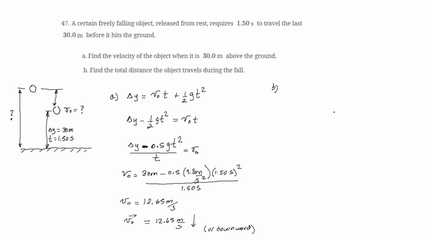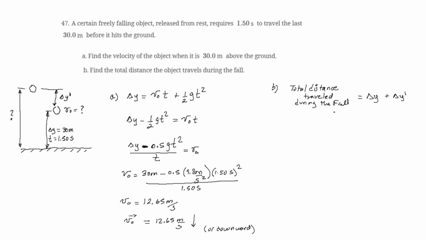Because if I find delta y prime, I can say that the total distance traveled during the fall would be delta y, this delta y over here, plus delta y prime. So this distance over here. So what I need to do is calculate that delta y prime.